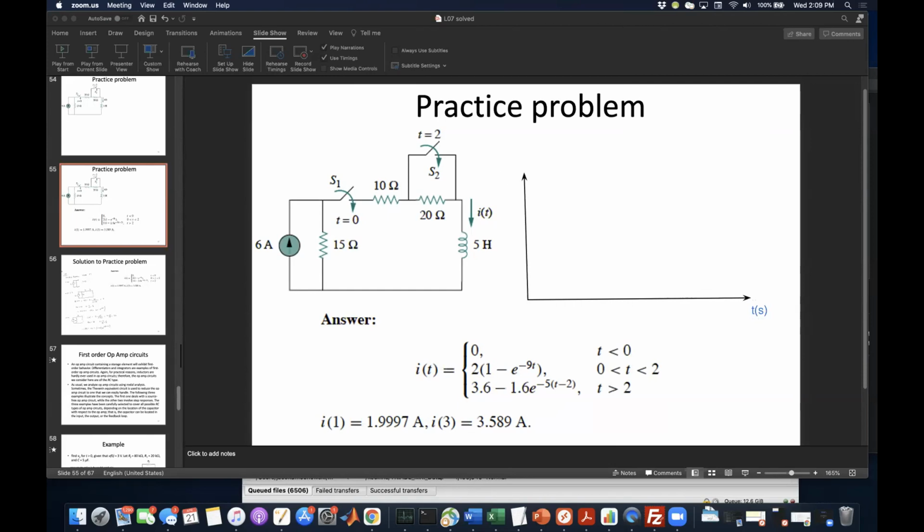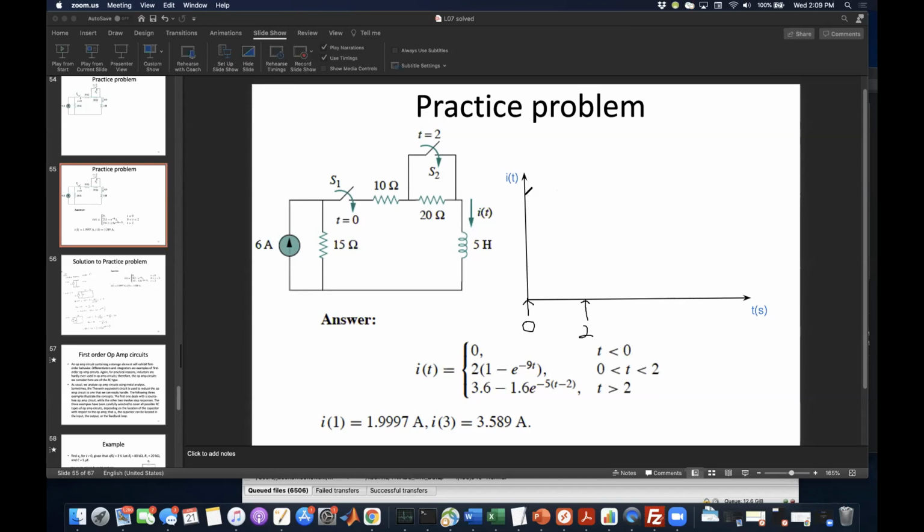This is I of t. And we have some critical points here. We have the first switch that happens here at time 0, and we have the second switch that happens at time 2.